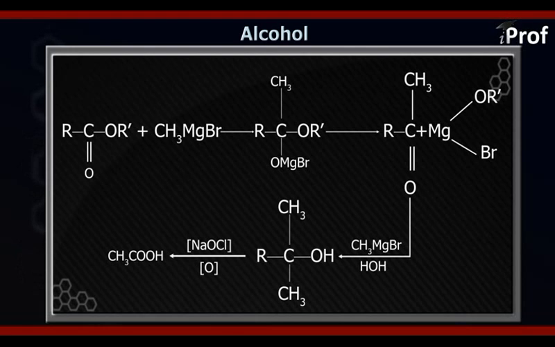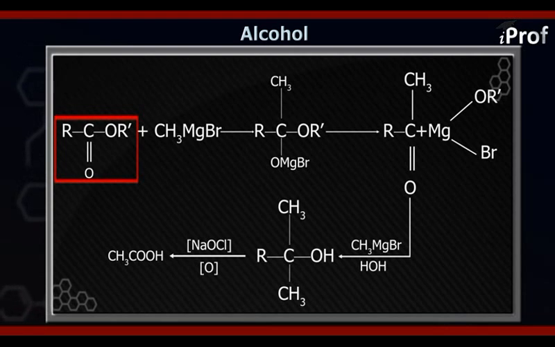Now if you see the reaction of R C double bond O, OR dash with CH3 MgBr, the product formed will be R C double bond O CH3. Now this actually is a ketone.